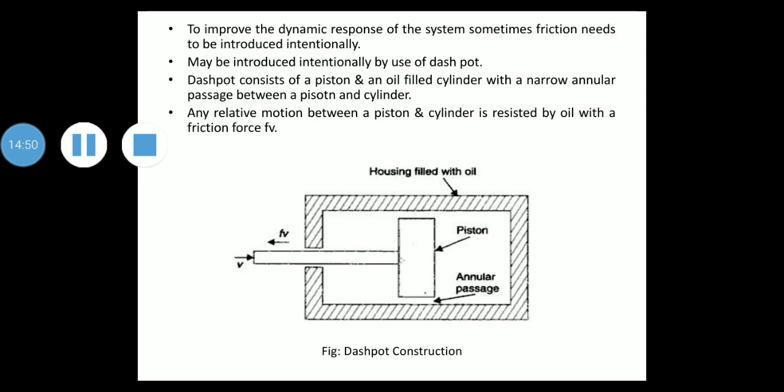Any relative motion between piston and the cylinder is resisted by oil with a friction force Fe. So the oil will provide the friction force when there is a motion between piston and cylinder. So this is the dashpot construction figure.